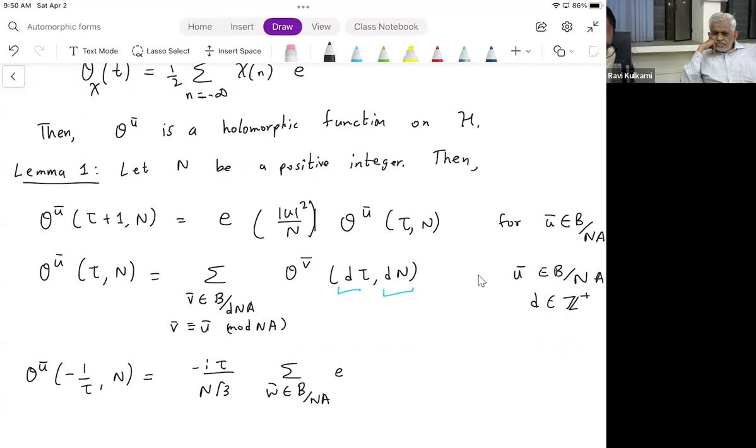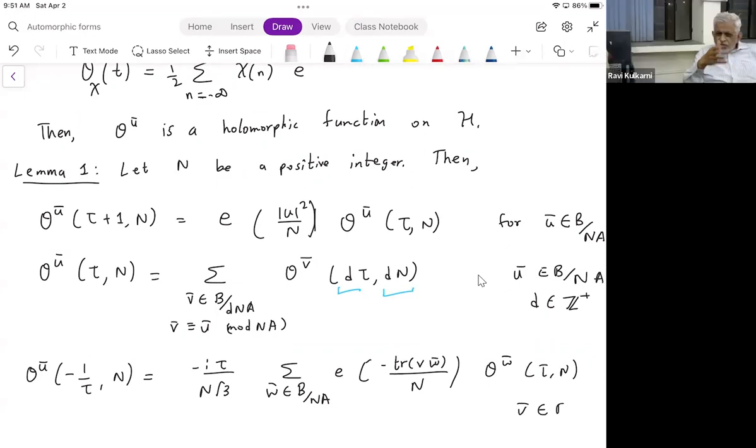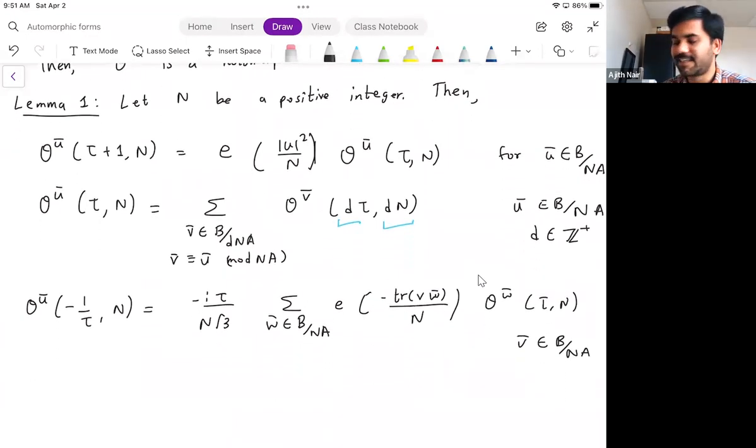What do you mean by modularity property? Yeah, I think I need to explain that. When I say modularity property, I just mean the action of the modular group. If you take the matrix 1 1 0 1 acting on tau, then that is just tau plus 1.